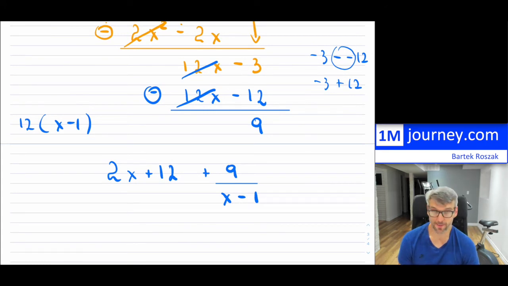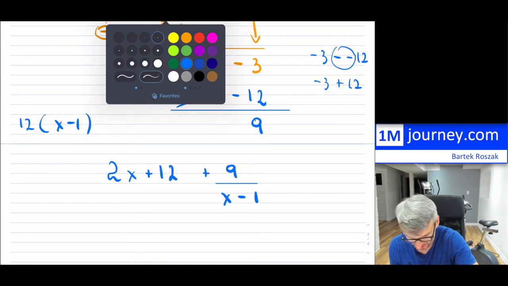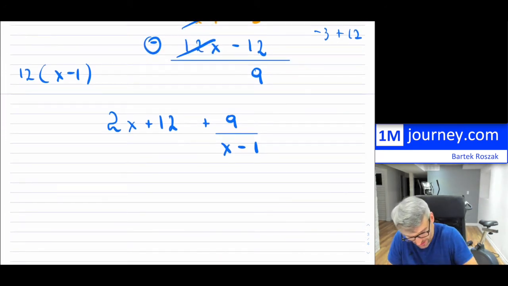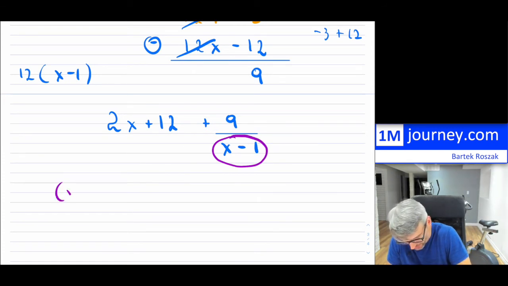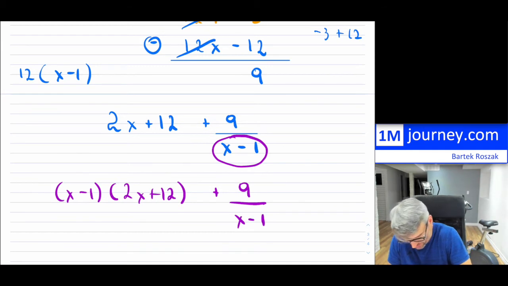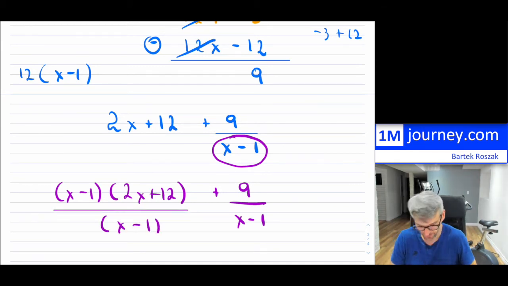Now, as I said before, you can check, okay, did I do this correctly? Well, in order to check that, I'm going to do this for this example, and you can do it for any others. I would have to find a common denominator, which means I would have to do x minus 1 multiplied by this. Okay, so here's my x minus 1. Now I'm putting this over x minus 1.